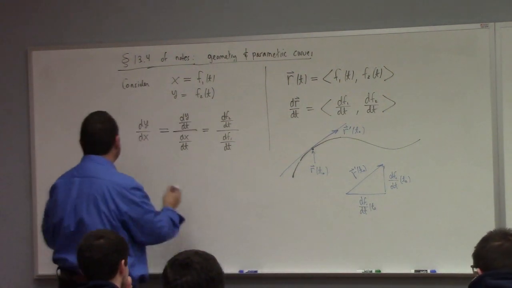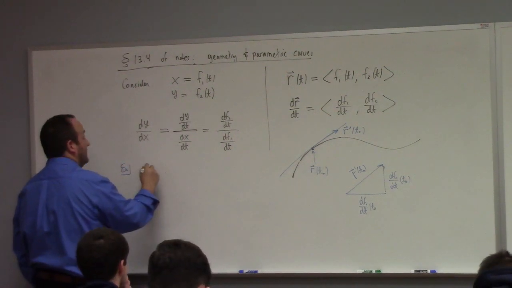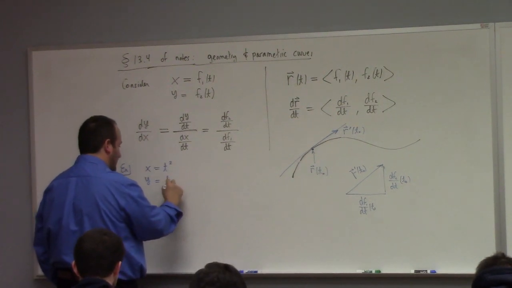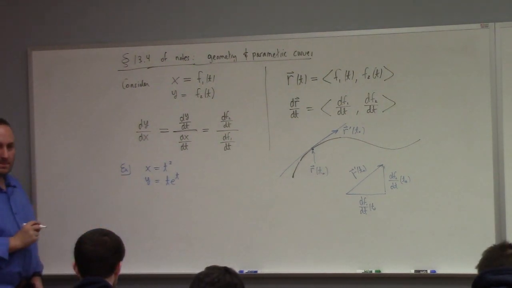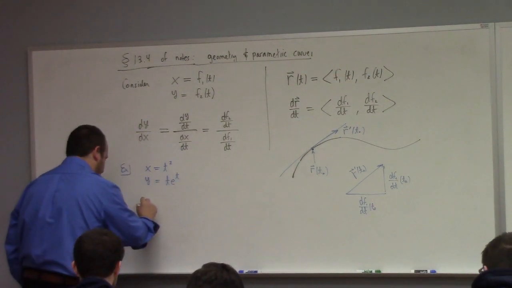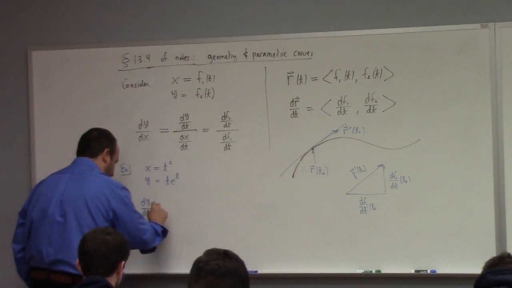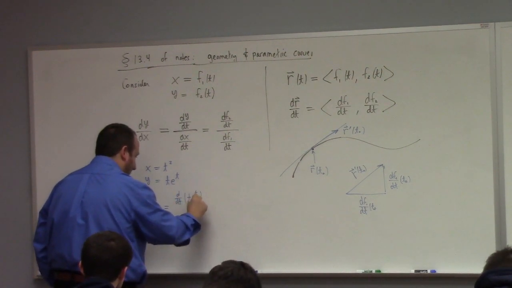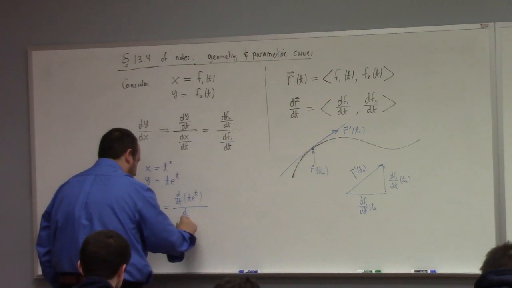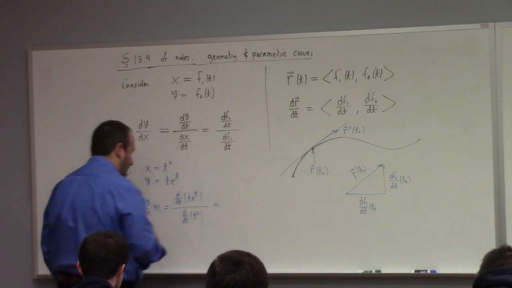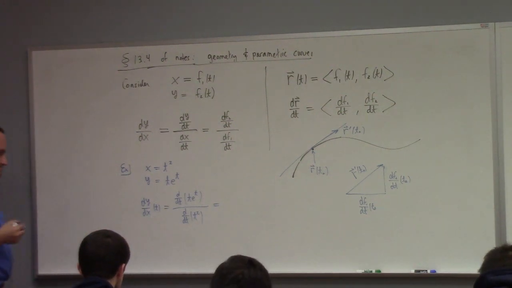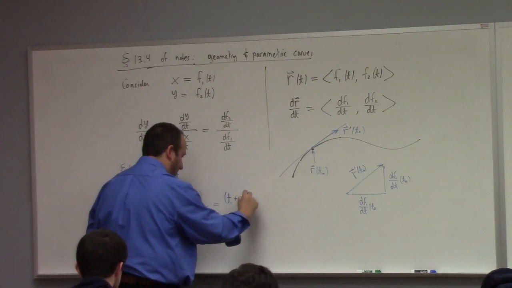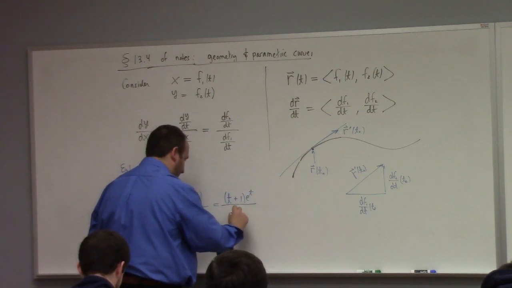So for example, a specific example: if we had x equals t squared and y equals, say, t e to the t, all right? What is dy dx at t? It's d dt of t e to the t divided by d dt of t squared, which would be what? I think it would be t plus 1 times e to the t divided by 2t.